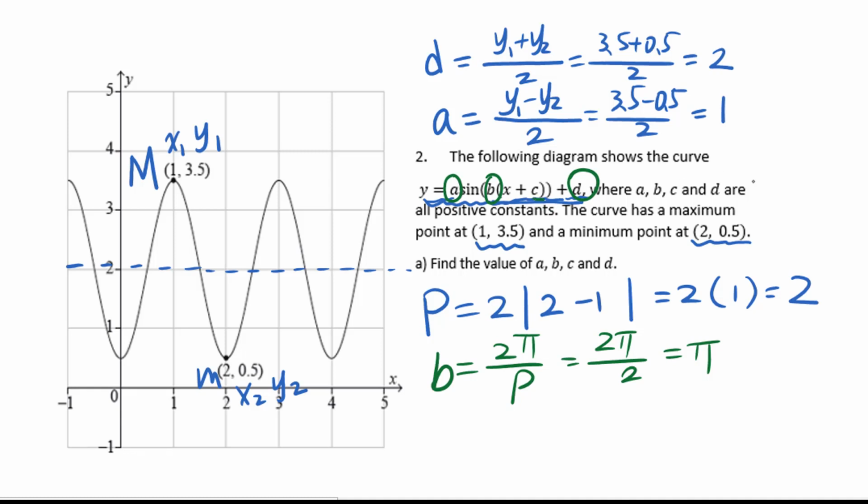According to the given information, we know a is positive, which means this is a positive sine pattern like this. Since c greater than 0 means a shift to the left side of the y-axis, on the left side of the y-axis we need to draw the positive sine pattern.